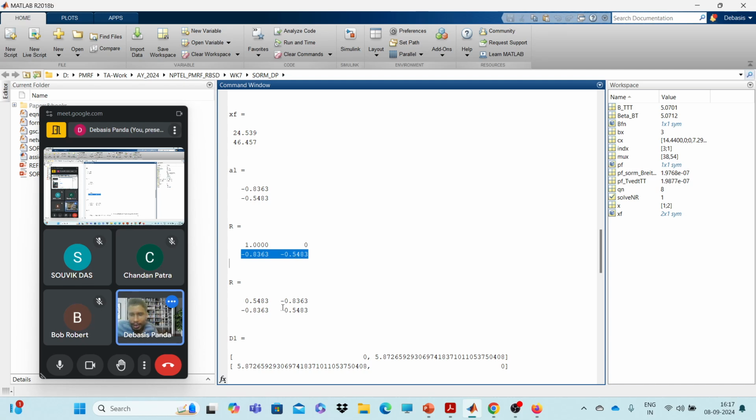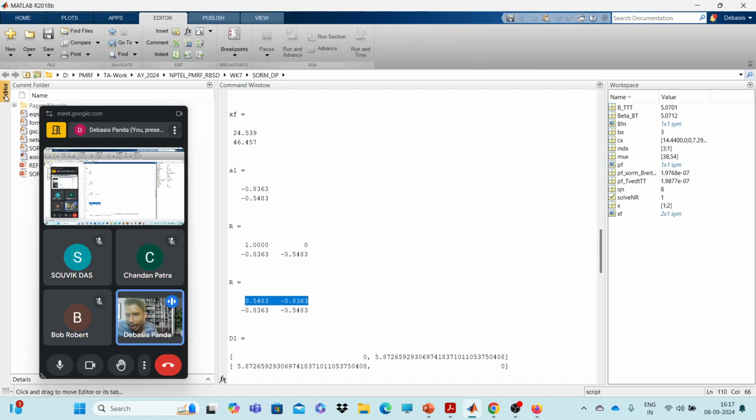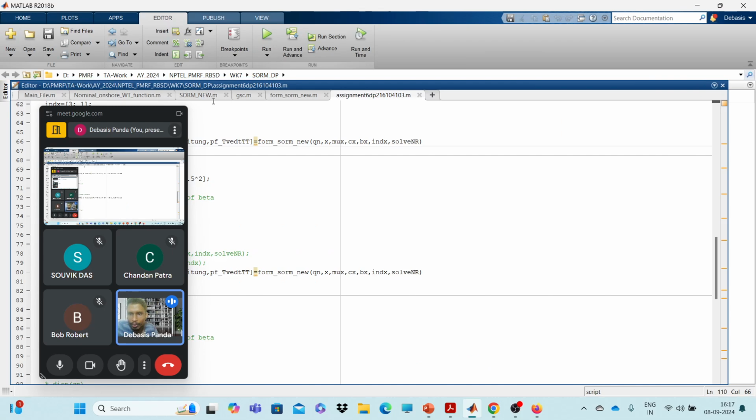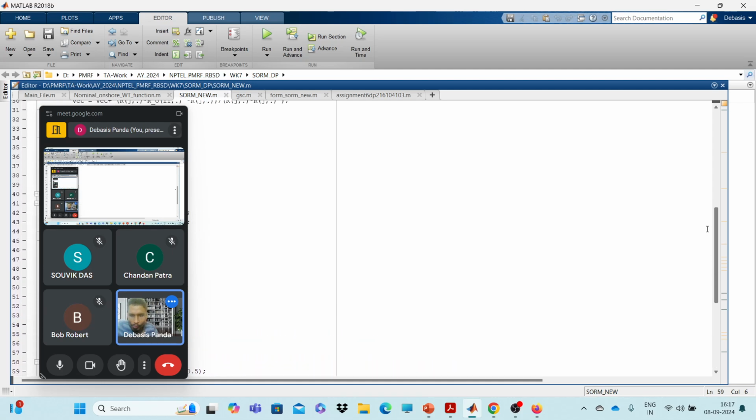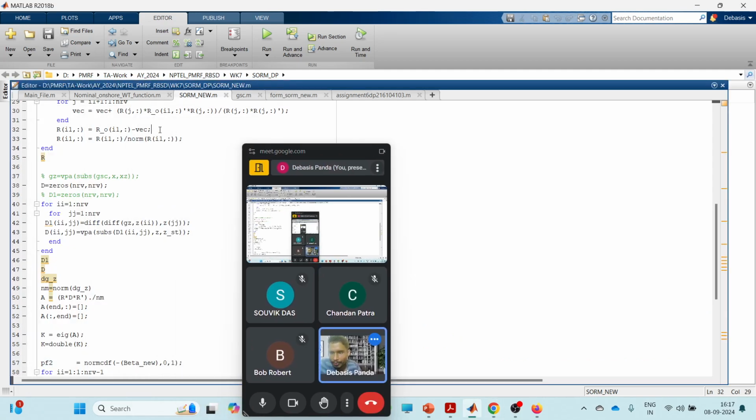Now it constructs the other rows using the Gram-Schmidt orthogonalization, whatever algorithm I have put here, this part, right?